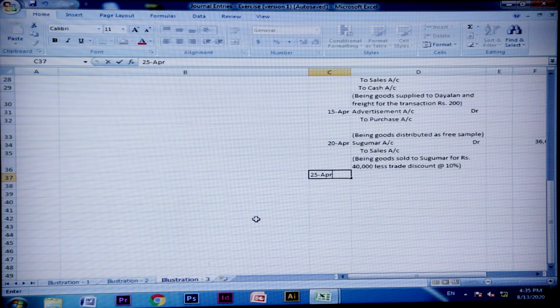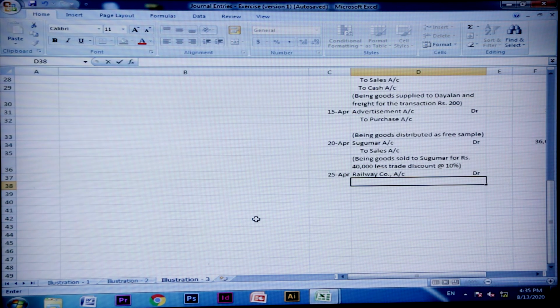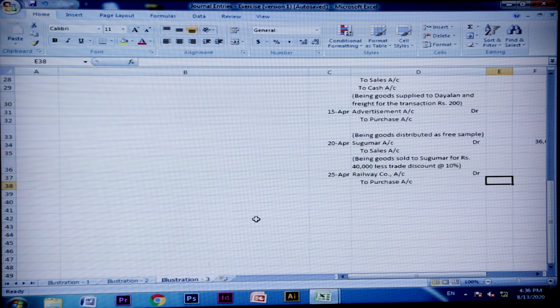25th April. The reason I am debiting the railway company is that we have filed a claim with respect to railway. For any goods lost in transit in railway, they give a claim, so railway company account debit. Here the goods were lost. Any transactions with respect to goods other than sales have to be treated with purchase account.